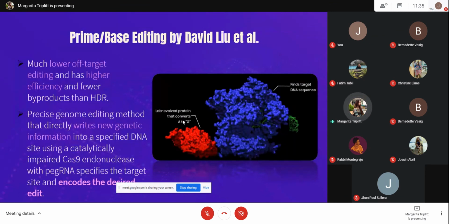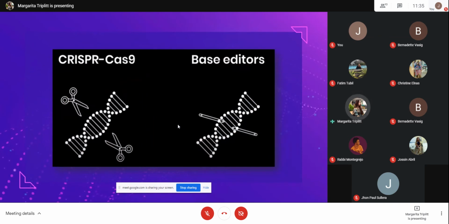So here they have developed base editors that would transform or replace a specific nucleotide, and this tool, this mechanism, has the ability to minimize undesired editing, which is very common in the usual CRISPR-Cas9.